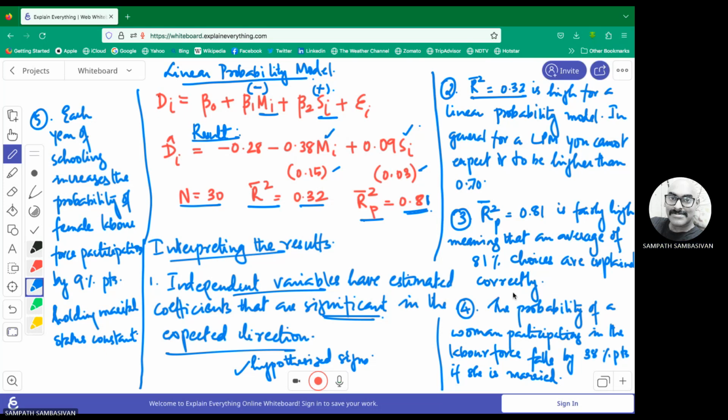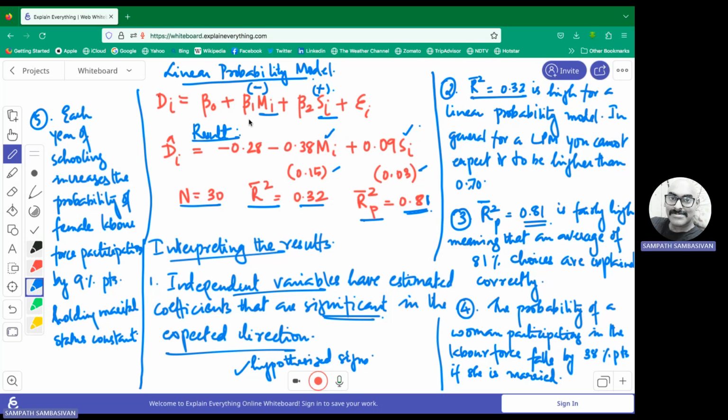The dummy dependent variable was defined as 1 if the female is part of the labor force and 0 if she is not. So a figure of 0.81 for the pseudo R squared means that an average of 81% of these choices are explained correctly, which is actually a very good thing. So the overall fit of the model is quite good.